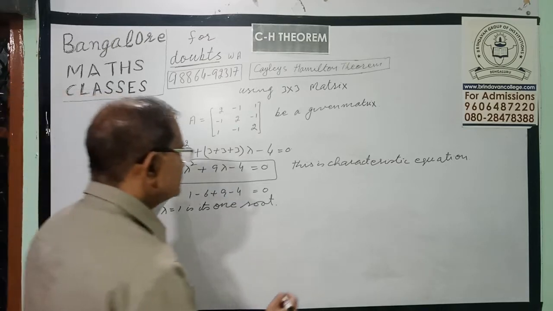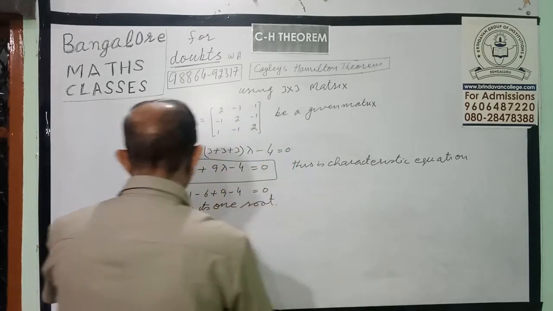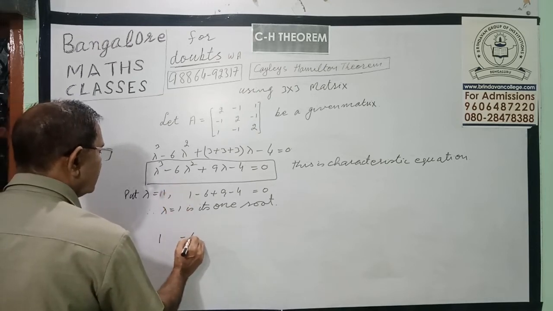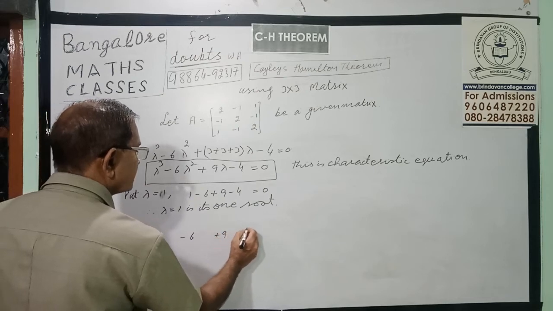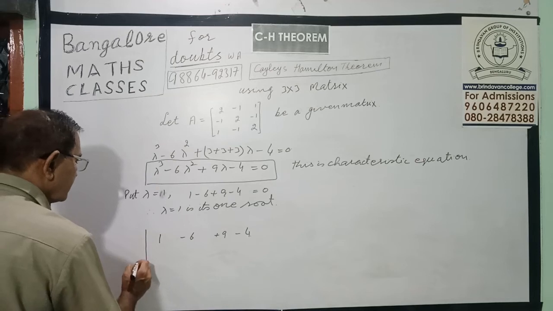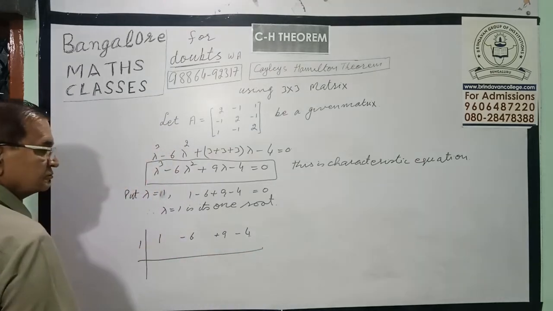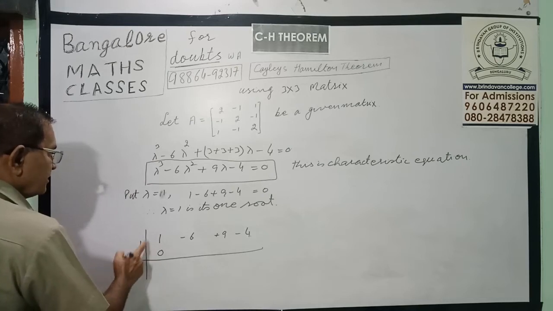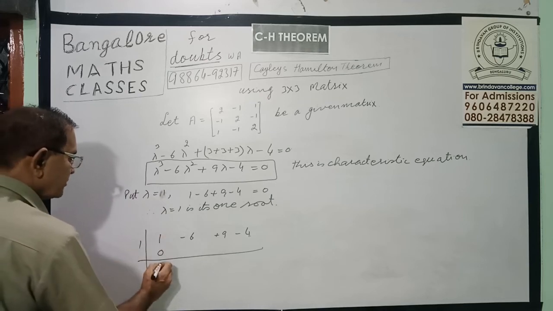Write down the coefficients: 1, minus 6, plus 9, minus 4. The first root is 1, so divide by 1. Here you are supposed to put 0 under the first coefficient.